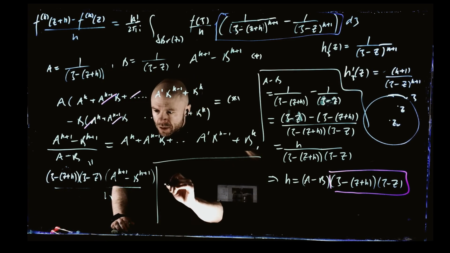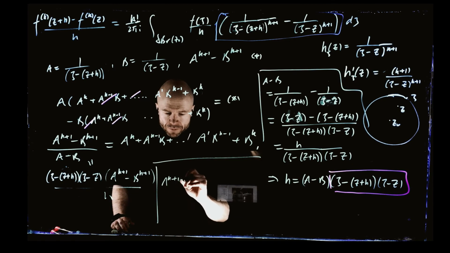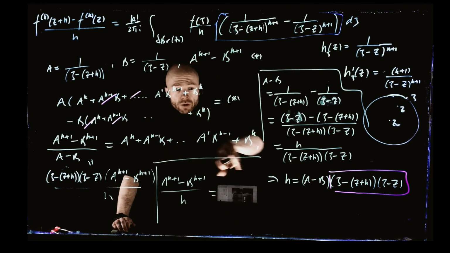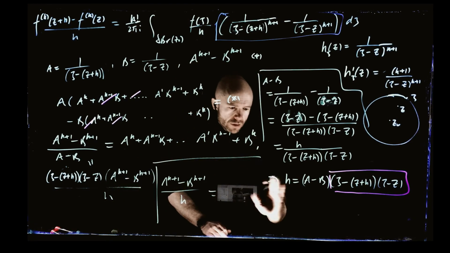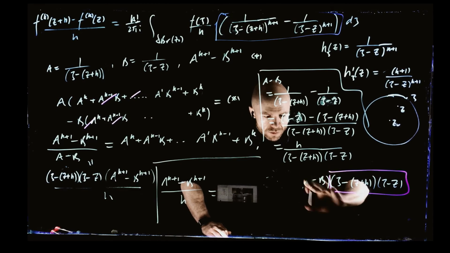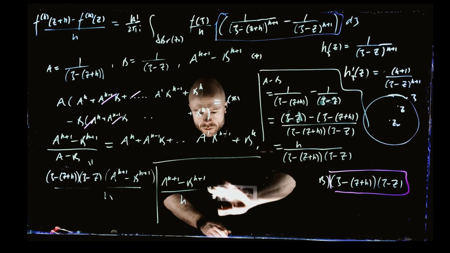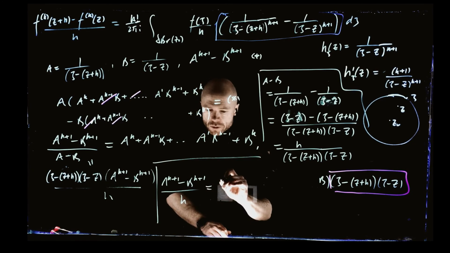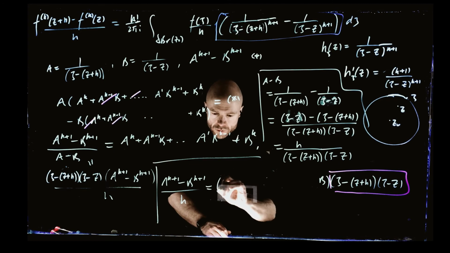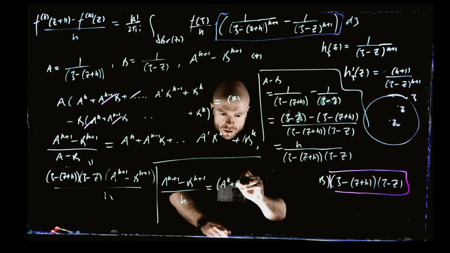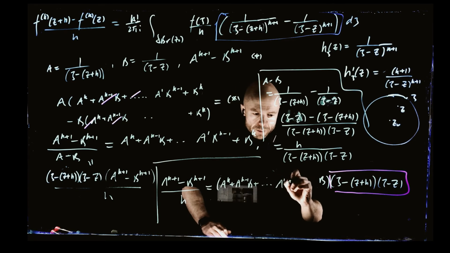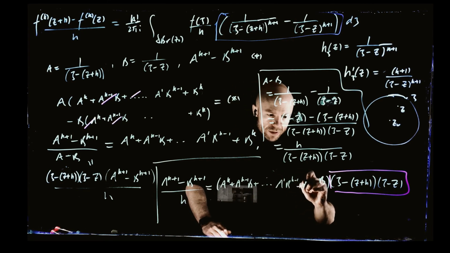So this implies that a to the k plus 1 minus b to the k plus 1 over h is equal to all of this stuff, a to the k plus a to the k minus 1 b plus blah, blah, blah, a b to the k minus 1 plus b to the k.